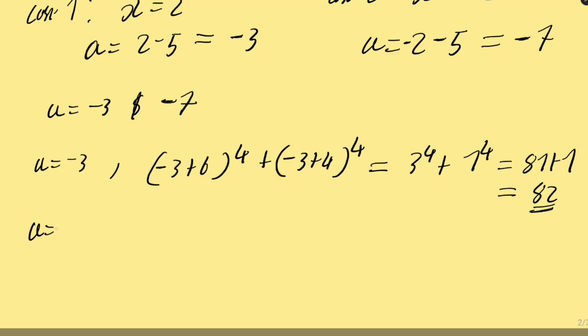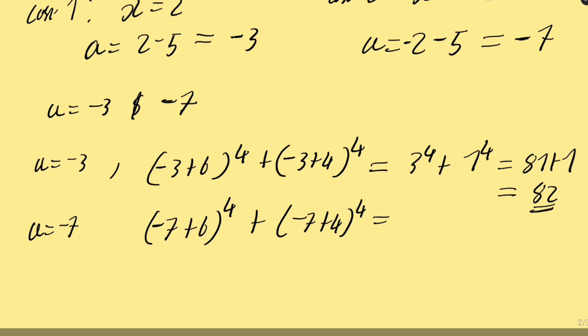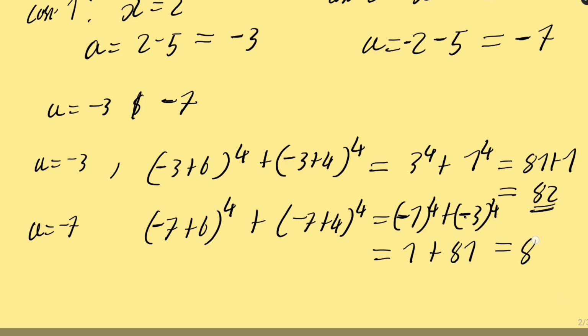And for a equals -7, we see again that (-7 plus 6) all to the power 4, plus (-7 plus 4) all to the power 4, is equal to what? -7 plus 6 gives us -1, all to the power 4, plus -7 plus 4 gives us -3, all to the power 4, which gives us 1 plus (-3) to the power 4, which, since it's an even power, becomes plus 81, which is equal to 82.